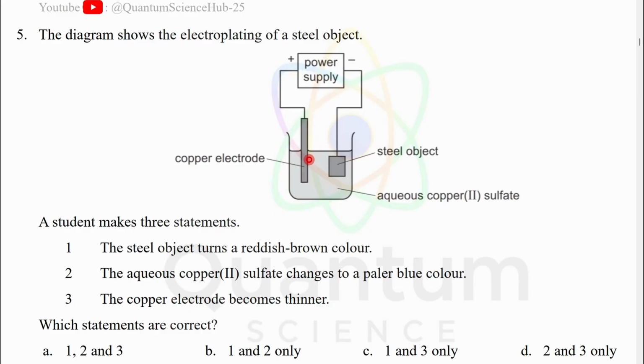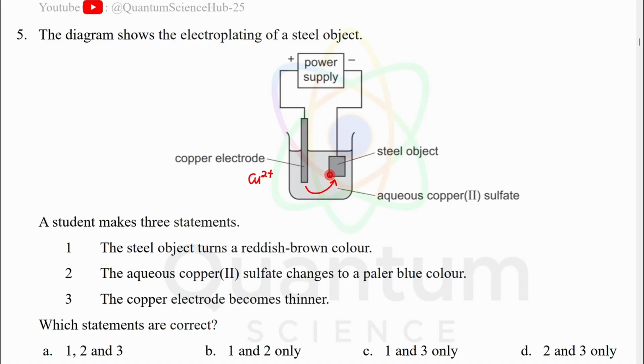So the ions, which are Cu²⁺, will move from anode to cathode. So what will happen to the copper electrode or the anode? So this will become thinner while the steel object will become thicker because the ions move from anode to cathode, just like changing place, right?